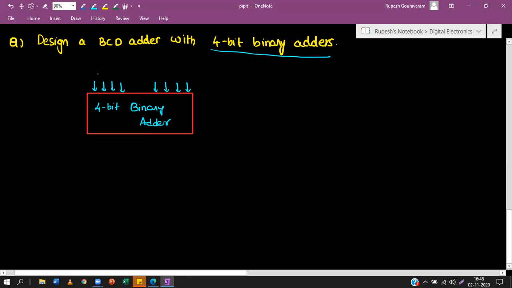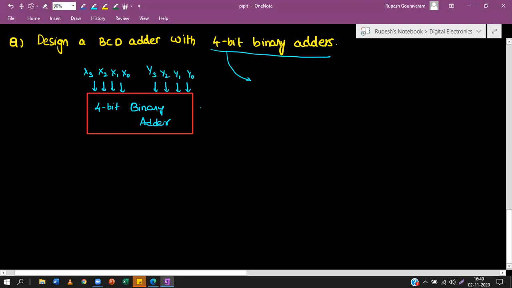So let us take two numbers, x3, x2, x1, x0. This has 4 bits, so this is a 4-bit binary number, and also y3, y2, y1, y0. Let us apply x3, x2, x1, x0 here. Then similarly, y3, y2, y1, y0 here.